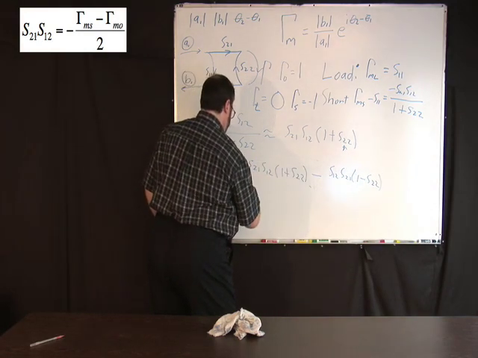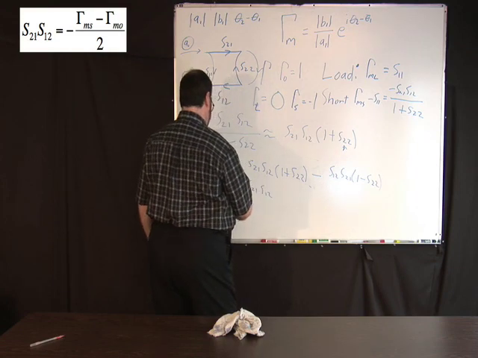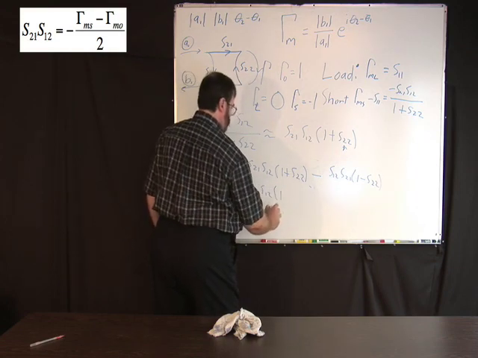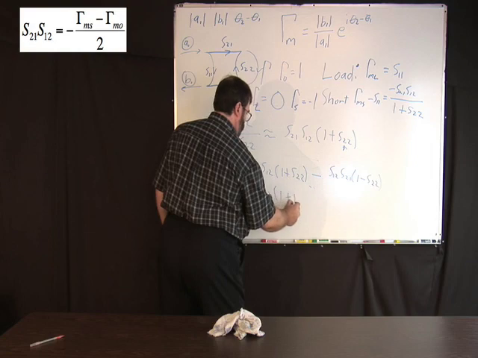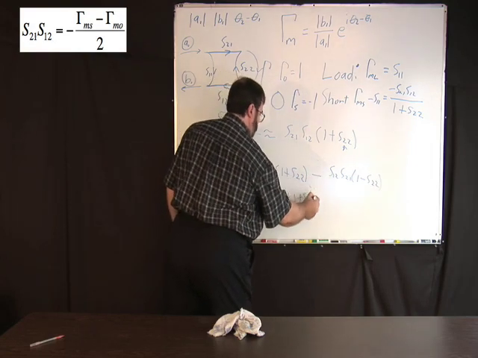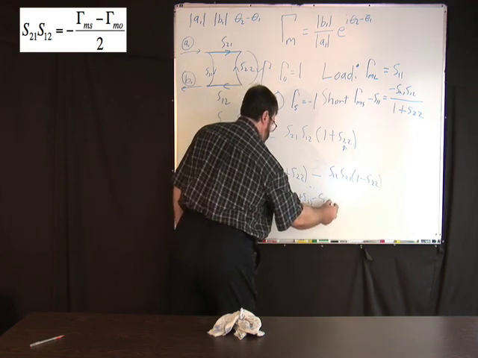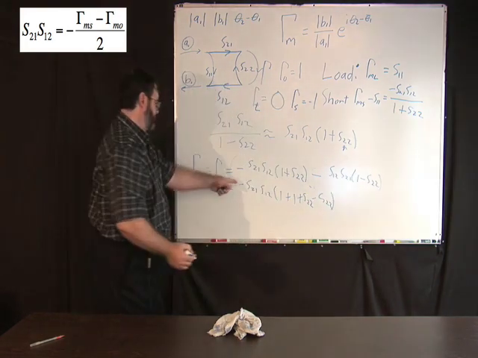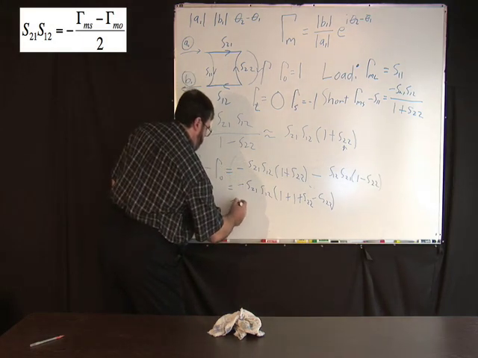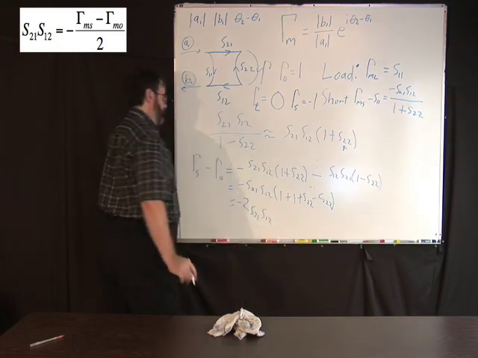And so we get minus S21 S12 times 1 plus S22 minus 1 plus S22... sorry, minus S22. Well, this is equal to minus 2 S21 S12.